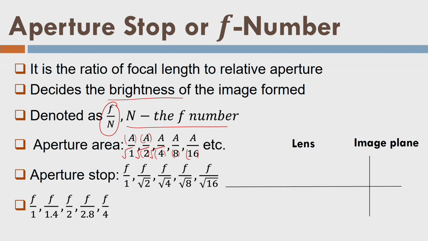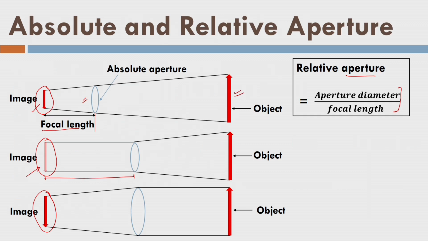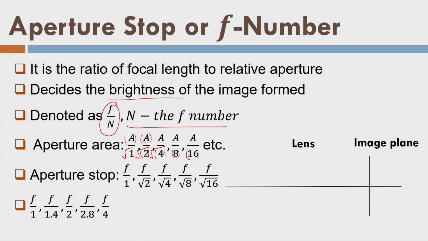So accordingly, as we told in the last slide, aperture diameter to the focal length ratio. So my diameter is reduced by root 2, root 4, root 8, and so on. So you will find these are the f numbers, f 1.4, f 2, f 2.8, and so on.